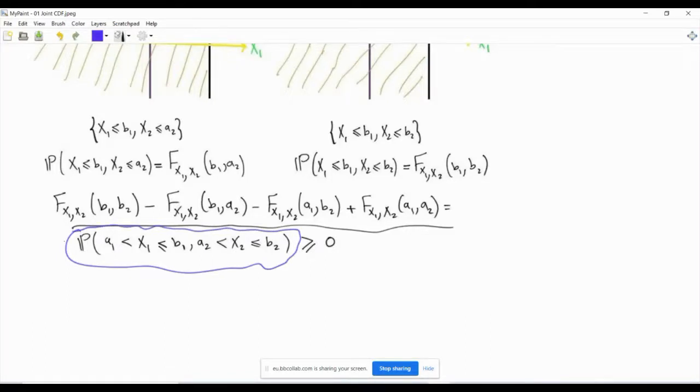And since it is a probability, it makes sense that this thing is greater than or equal to 0. So this rectangle inequality is a generalization of the monotonicity of the CDF. In one dimension, the CDF is non-decreasing. It may remain constant, it may increase, but it never decreases. So this is something similar, but for multiple random variables or random vectors.